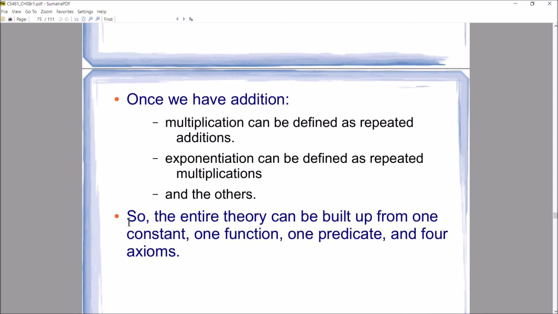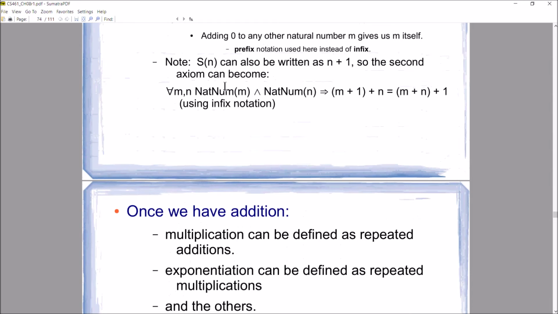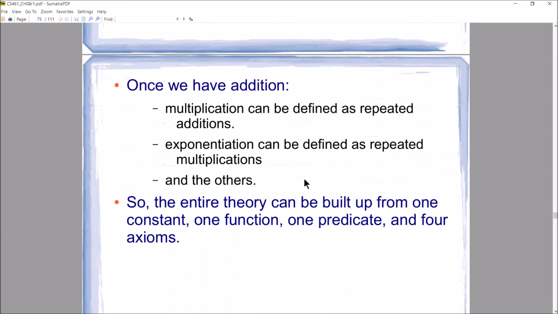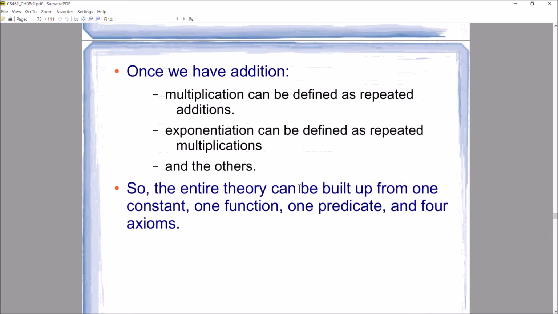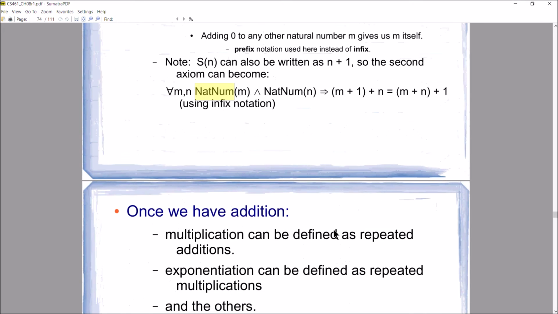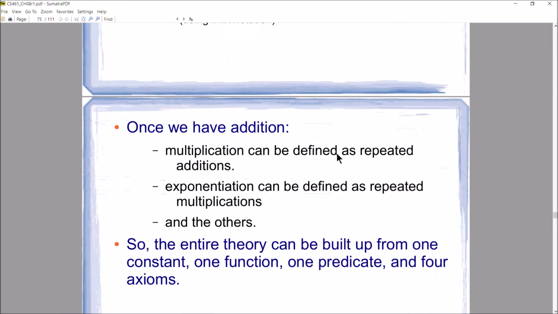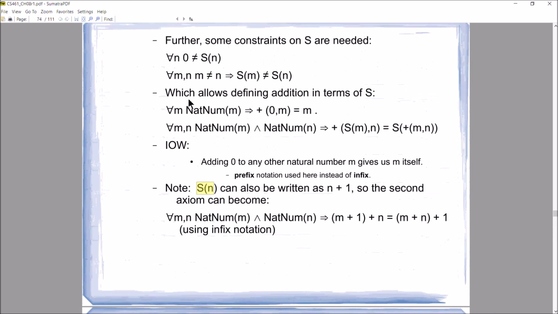So the point is, the entire theory of these natural numbers can be built up from what? One constant, 0. One predicate, the natural numbers. One function, which was s of n, and 4 axioms, right? So we put these together.